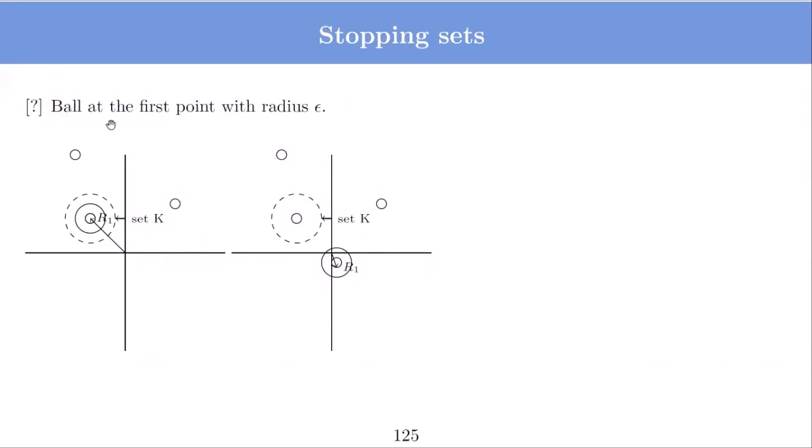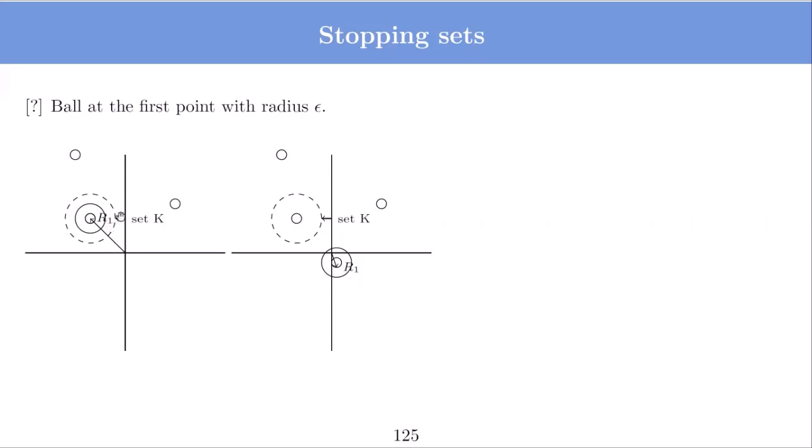Now what is not a stopping set? Let's take a ball at the first point with radius epsilon. So for every realization, we find the closest point and take a ball of radius epsilon outside it. Now if you take this set K, whether this ball belongs to this set or not: in this case, this ball belongs to this set because the closest point was inside it.